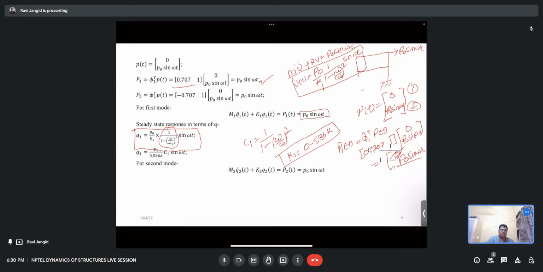M2 Q2 double dot, K2 Q2 and P2t is equal to P naught sine omega t, and the same type of solution comes out: Q2 is P naught by K2 into 1 over 1 minus omega by omega 2 square, sine omega t. For simplification, I will write this term as C2. So Q2 is equal to P naught over 3.41 K, C2 sine omega t. So now these are the modal responses Q1 and Q2.